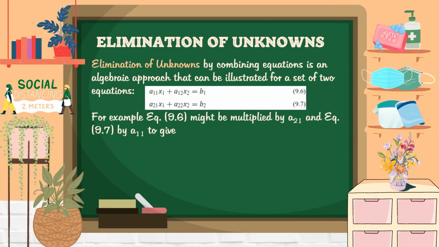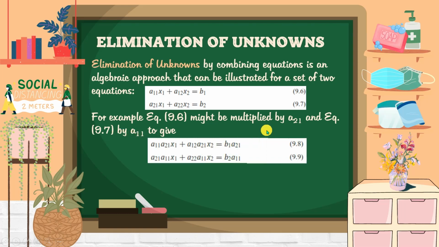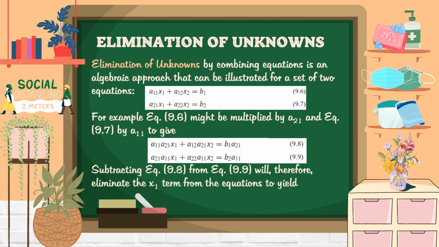So, for example, equation 9.6 might be multiplied by a sub 21 and equation 9.7 by a sub 11, so it will be represented in these particular equations, respectively. Subtracting equation 9.8 from 9.9, you will notice they have the same coefficient, so this will have a 0 value.